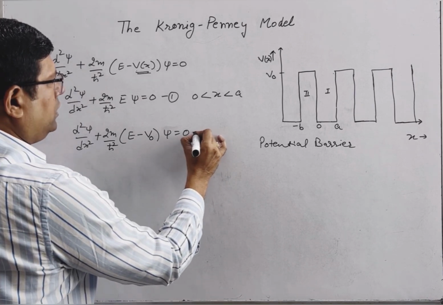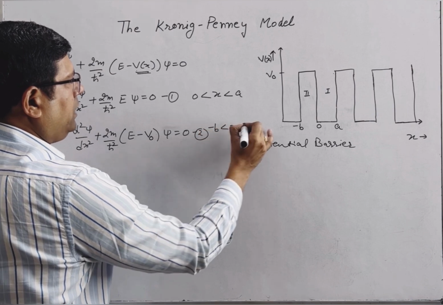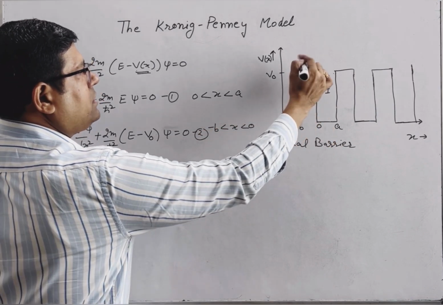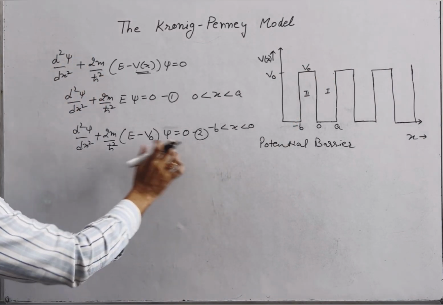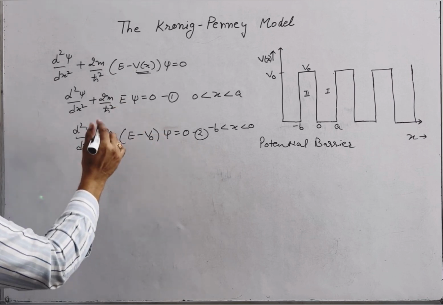This is for region x lying between minus B and 0. In this region, potential is V0.